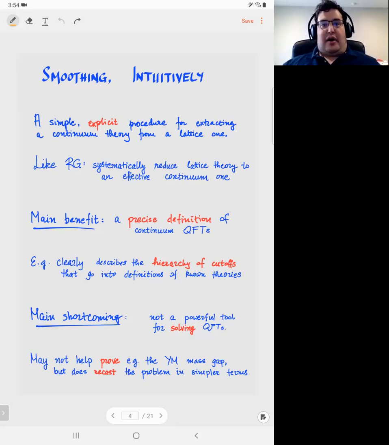If you don't know about this, then maybe this is not a useful question to ask, but that line of argument seems to be in tension with the notion of being able to extract a continuum theory from a lattice one. I wonder if you have anything you can say about that.